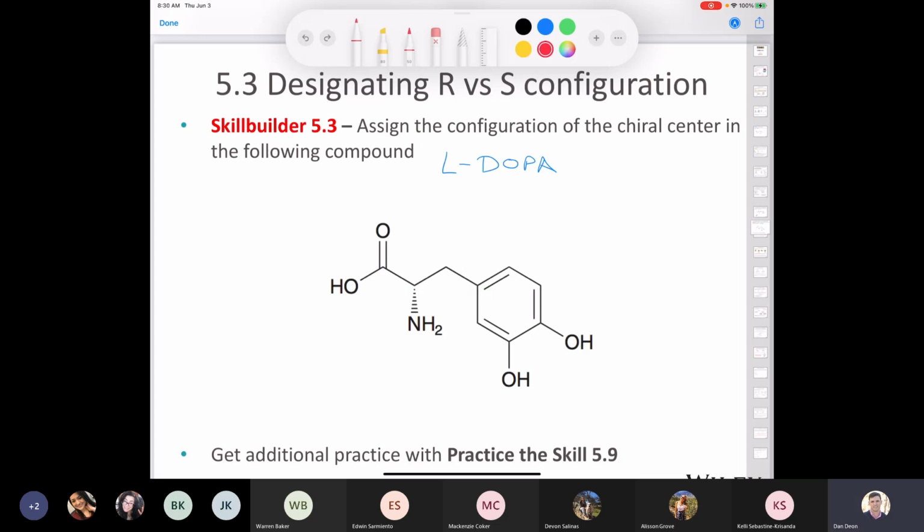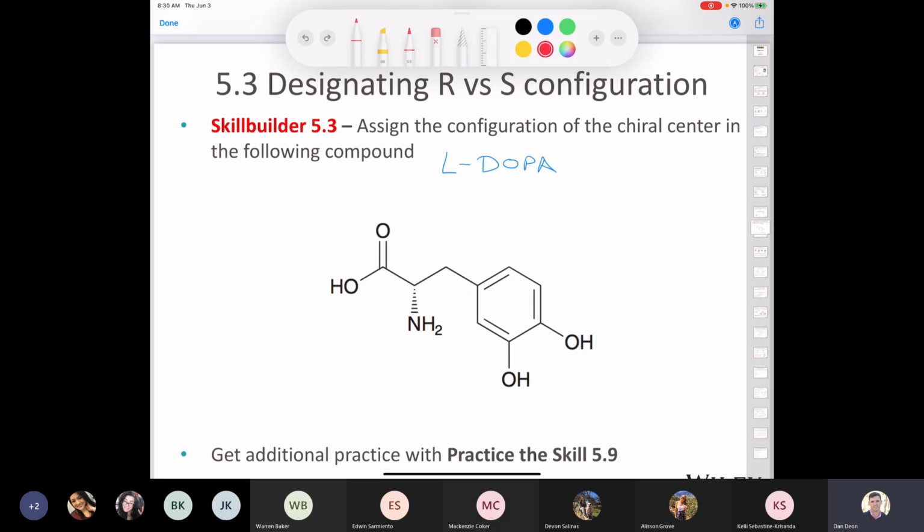I'll give you another second or two to see if you can come up with an answer. All right, we got a split here. Some people say R, some people say S. Well, let's double check.